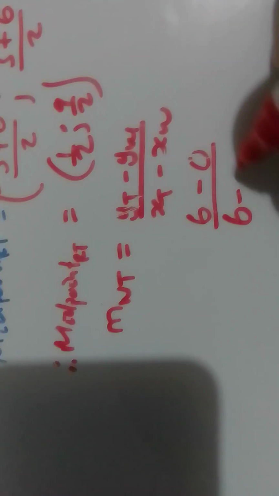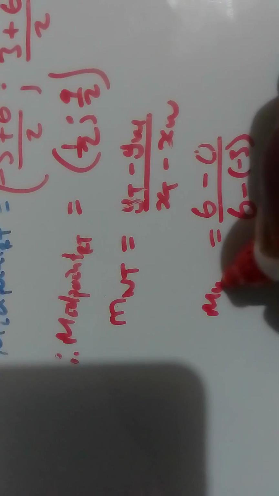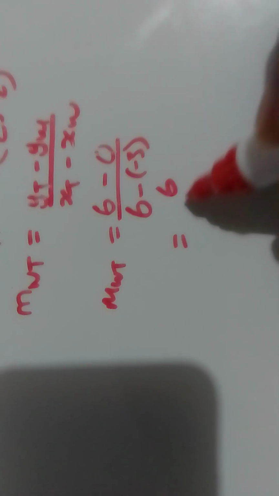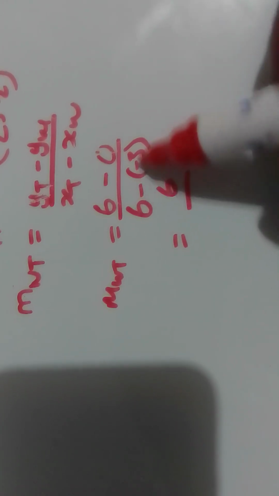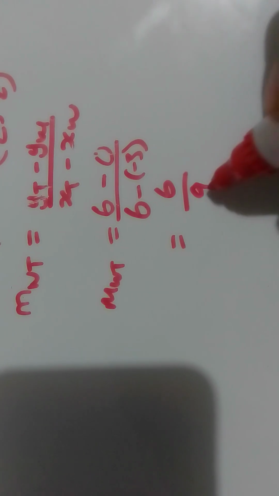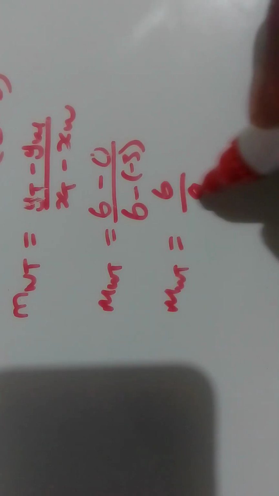The x on point T is 6, the x on point W is -3. So we have 6 minus -3. The gradient of WT is now 6 minus 0 is 6, all over, negative and negative is a positive, so 6 plus 3 is equal to 9. So the gradient of WT is 6 over 9.